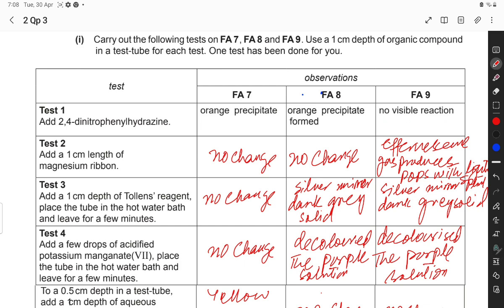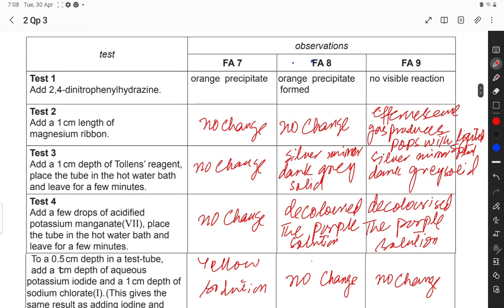FA9, no visible reaction. Now test 2, add 1 cm length of magnesium ribbon. There is no change in FA7, no change in FA8, but effervescence of gas can be seen in FA9. If any metal is added and effervescence can be seen, then it will definitely be hydrogen gas.